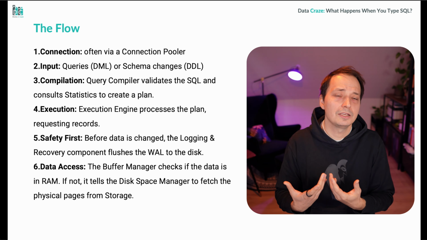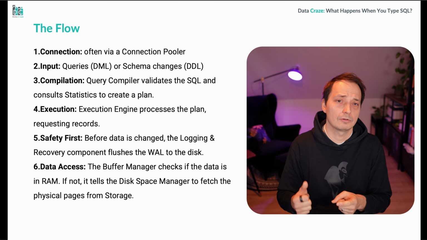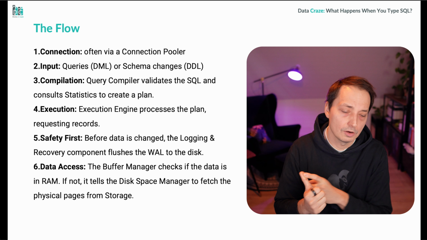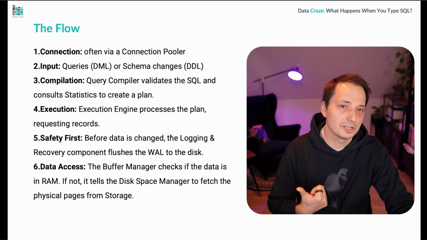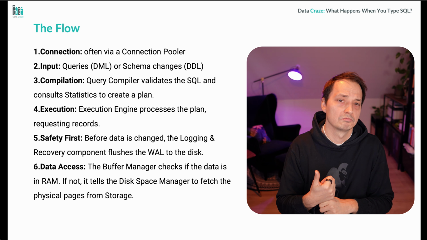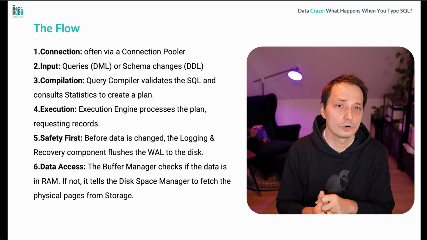But just to emphasize again, what is the typical flow? The typical flow is that we have the connection, something that was missing on this diagram, which is a connection pooler in the majority of modern systems. The connection pooler is responsible for keeping the connections alive, especially when multiple services and applications are calling your database management system.